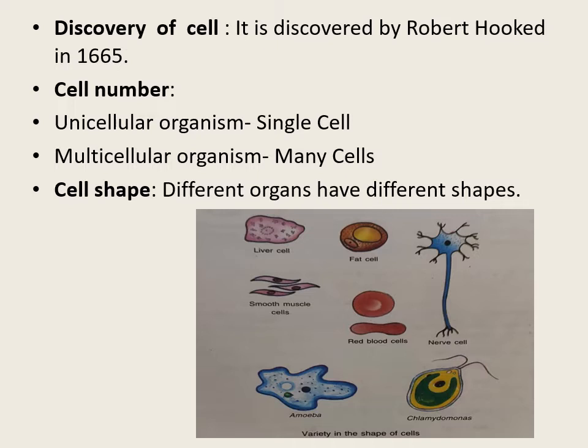So the shape of the cell depends on the function of the body part. You can see in the picture, the nerve cell has one shape, the liver cell has another shape, the amoeba has another shape. So there are different shapes of cells in one organism.